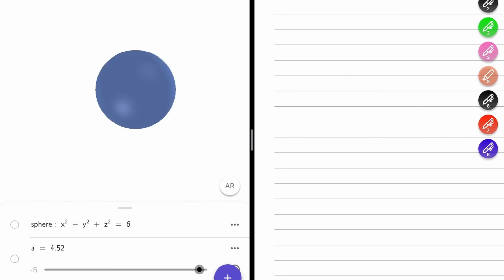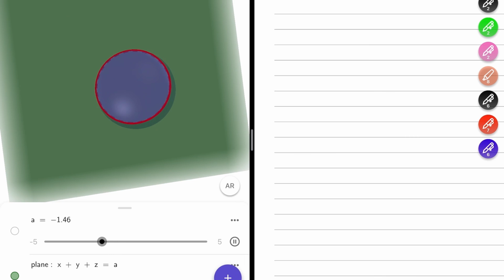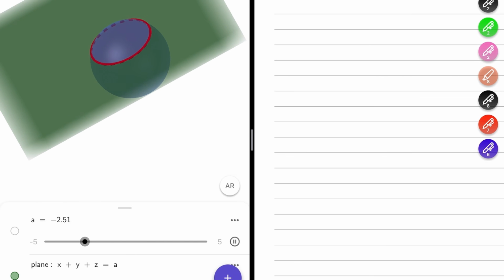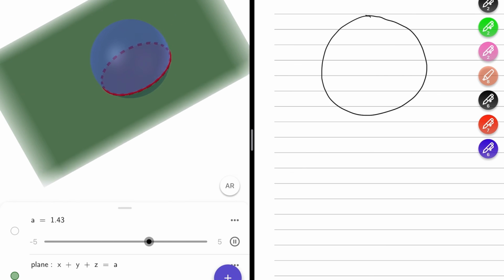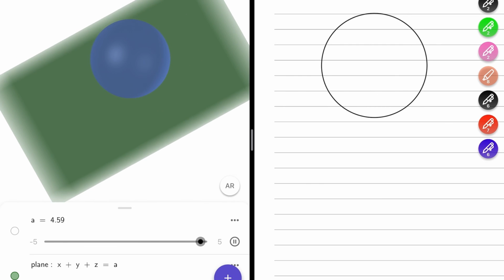Okay, so this is a sphere, and if it is intersected by a plane, we get a section as a circle.